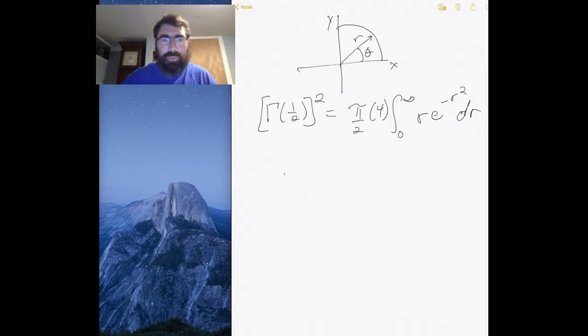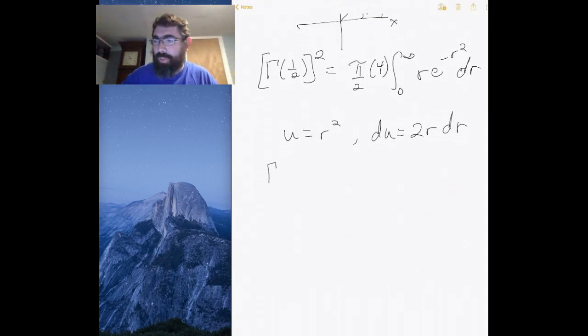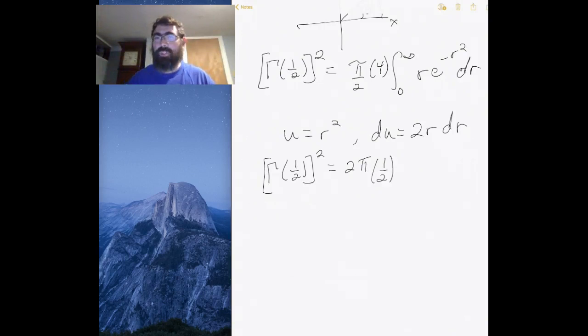Let u equal r squared, so then du is equal to 2r dr. And so now we have 2 pi times 1/2 from the substitution, times the integral of 0 to infinity e to the minus u du.